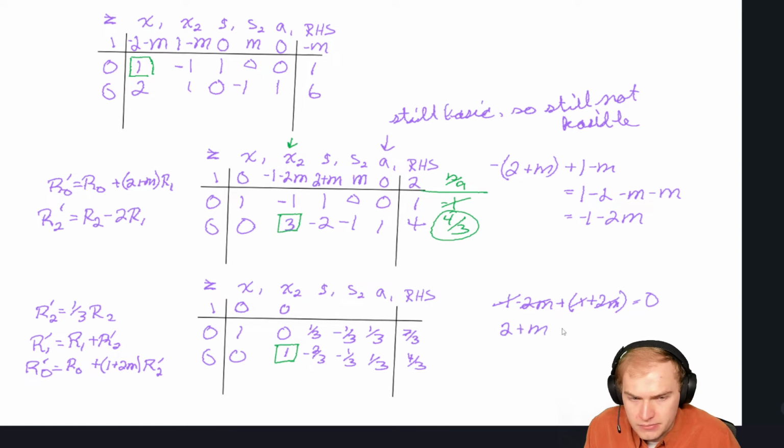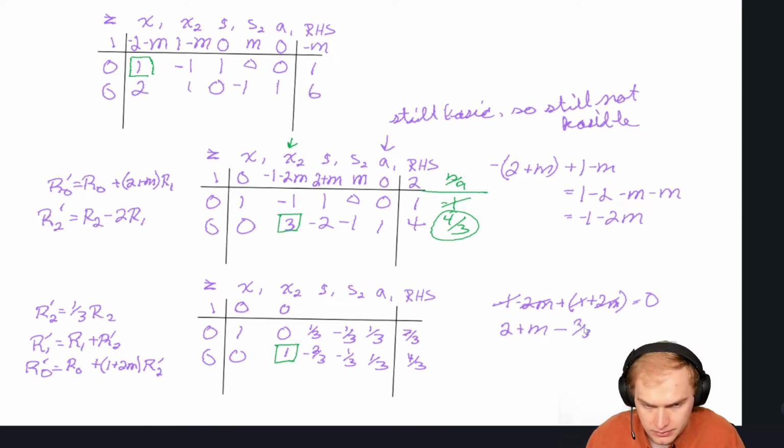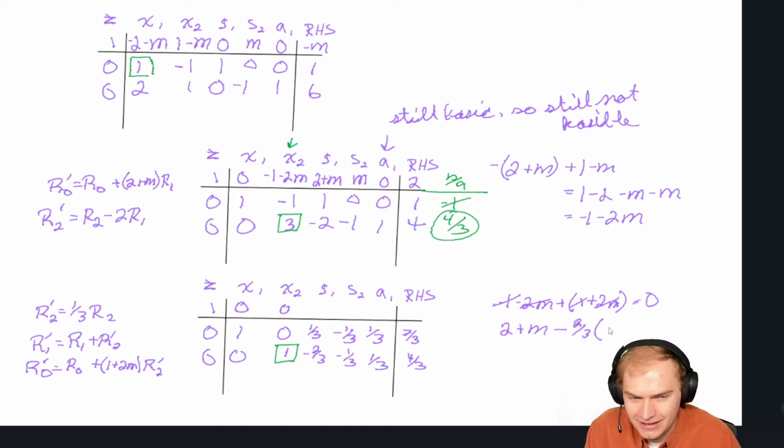2 plus m minus 2/3 times 1 plus 2m is our next one.